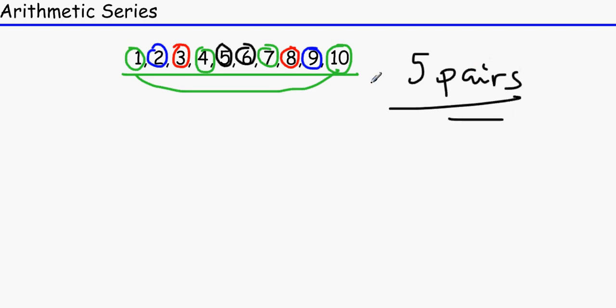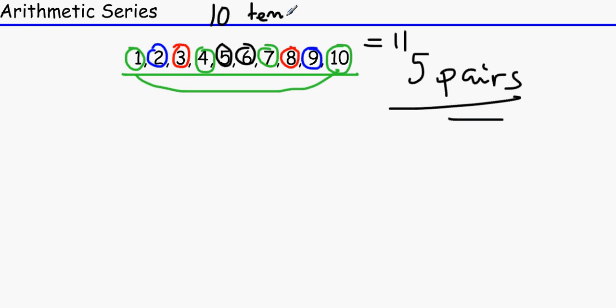There are 5 pairs of numbers, and each pair equals 11. They all equal one more than the last number, and that's going to be really important when we're trying to find out what the general equation actually is. And to do that, we also need to notice there are 10 terms here.